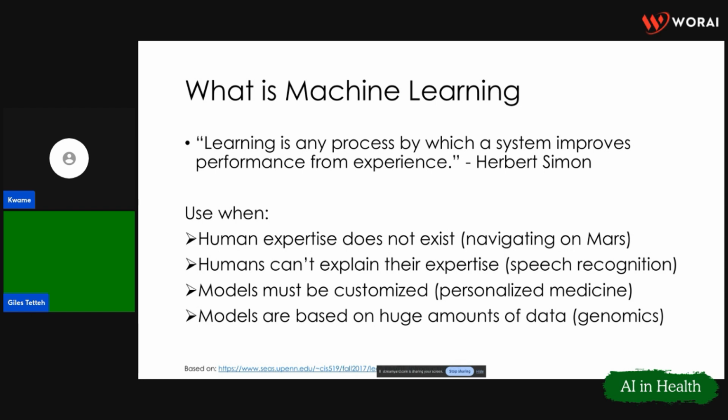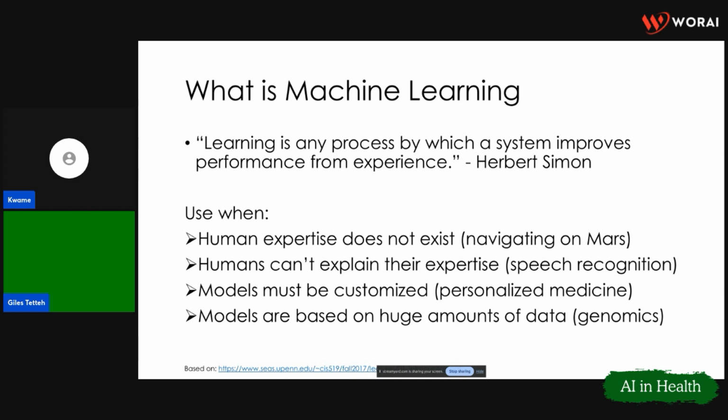For example, speech recognition, where you can get several humans who speak several languages, but not a lot, because there are a lot of languages. But you can train a machine to recognize tons of languages at a time.